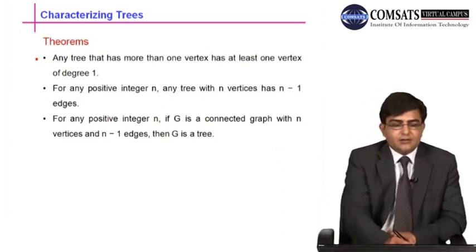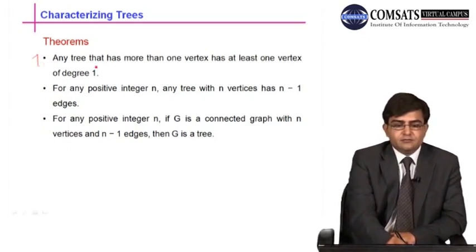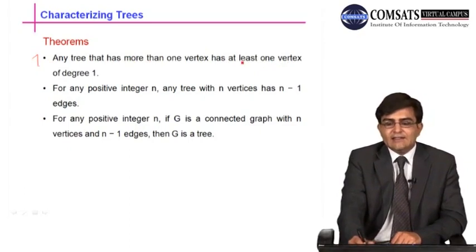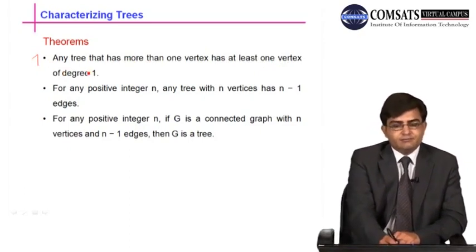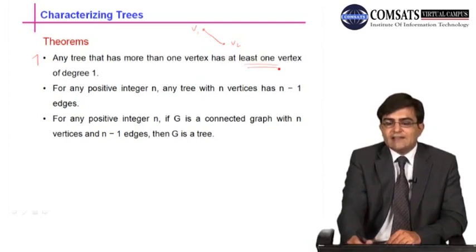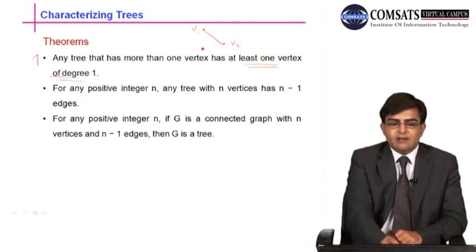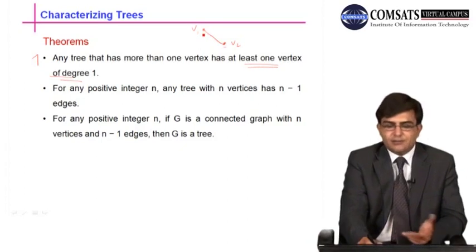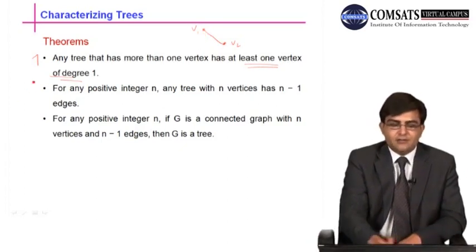The first theorem is: any tree that has more than one vertex has at least one vertex of degree 1. It's obvious. For example, if we have 2 vertices in that tree, v1 and v2, and it is connected, it has a vertex of degree 1, and this vertex of degree 1, so it's possible. This is our first theorem.